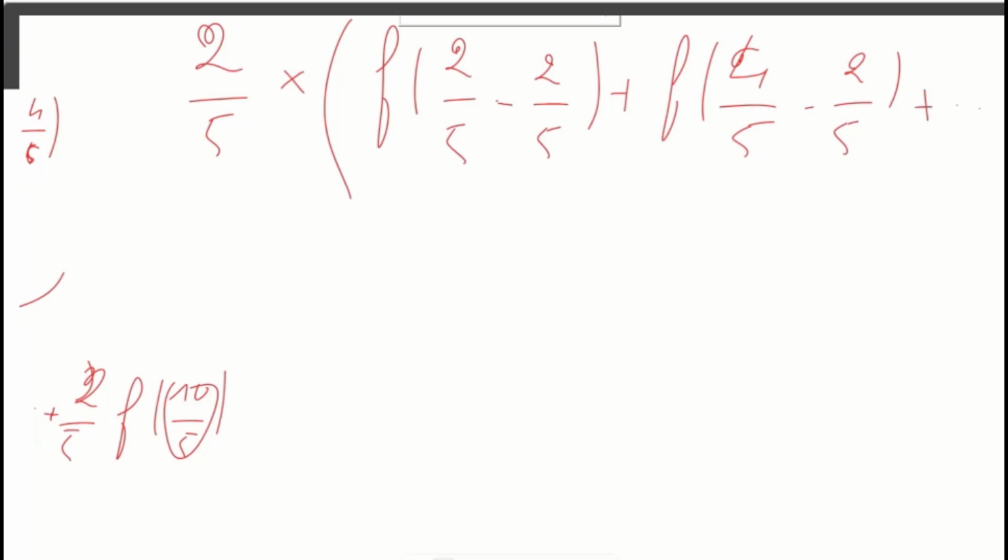So this will keep going until we reach f of 10 over 5 minus 2 over 5.